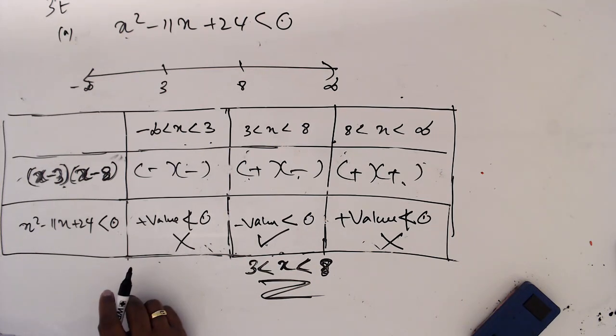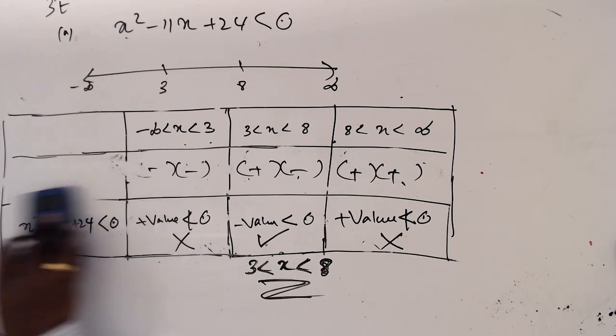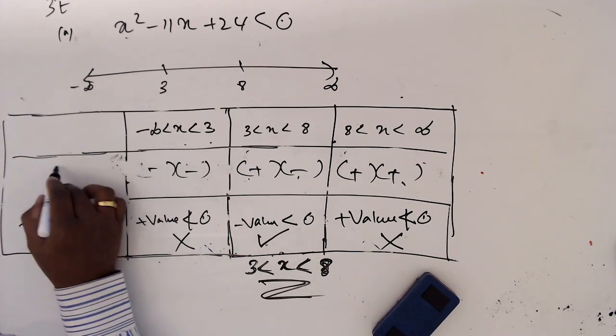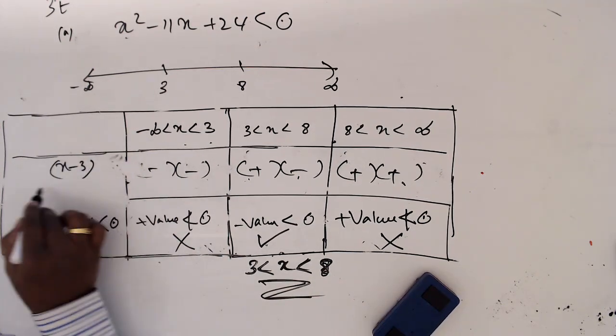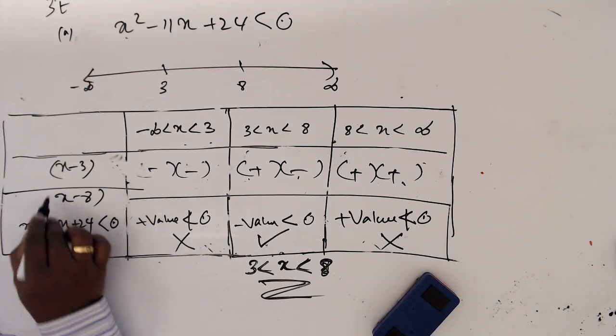So I'm going to show another way of doing it. Instead of writing like this, now you are writing x minus 3 and x minus 8 like this.